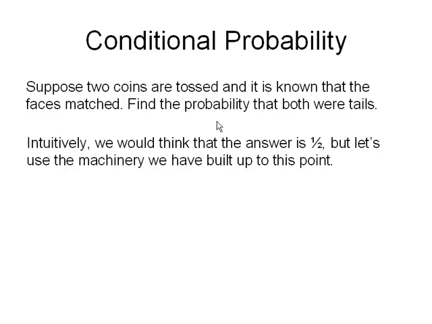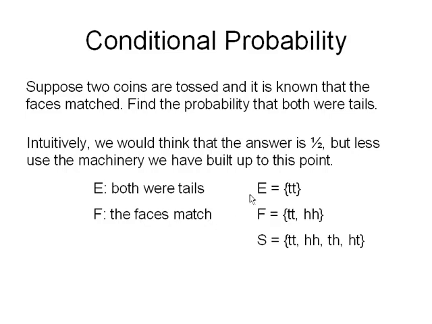But let's use the machinery that we've built up to this point to figure it out. Our events are E, both were tails, and F, the faces match. So here are those actual events. E is {tails, tails}. F is {tails-tails, heads-heads}. And the sample space here is {tails-tails, heads-heads, tails-heads, heads-tails}.